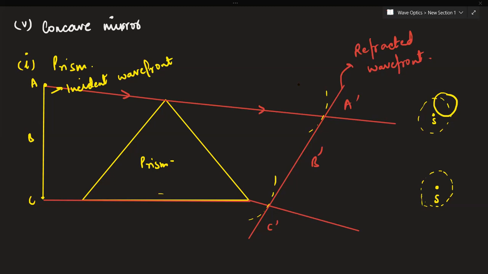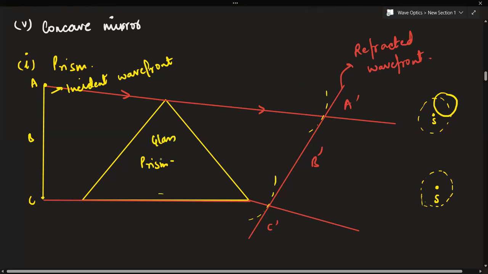See, that is because of the speed. This is glass. The prism is made up of glass, and this part is air. So what happens? Since the speed of light in glass is smaller, the speed gets reduced. So that's why the speed is more over this part, because the glass portion is very less.